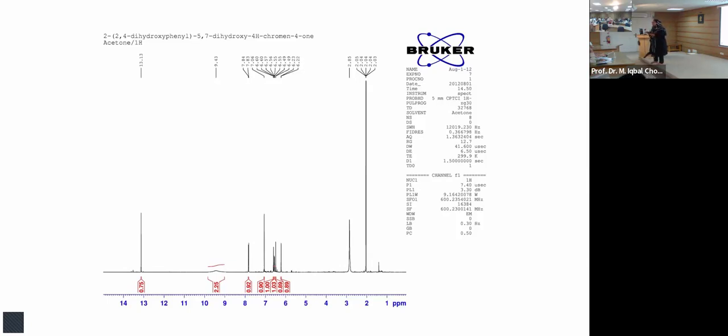Due to the variation in temperature, if you record the experiment for a longer period, maybe 2 or 3 days, it may change the chemical shift, because chemical shifts depend on temperature as well.